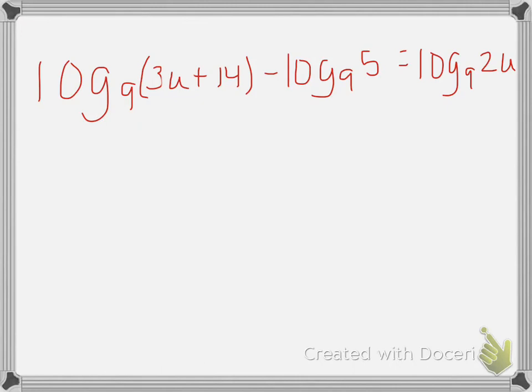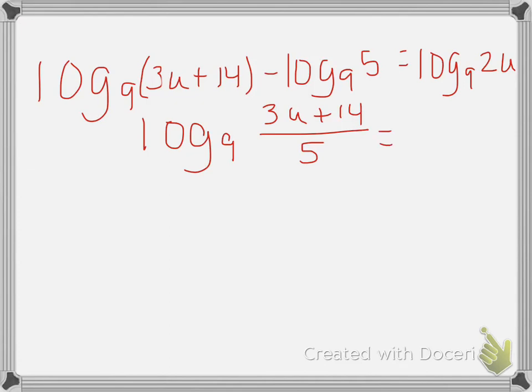But you see a minus sign, you need to divide. So before we try to drop the logs, I want to see this on your work. Log base 9 of your numerator, 3u plus 14, divided by 5, set equal to log base 9 of 2u. Okay? And so now that you see that, you're able to drop your log base 9.